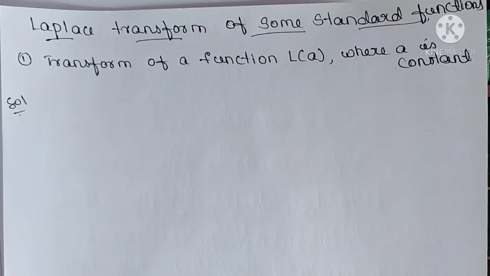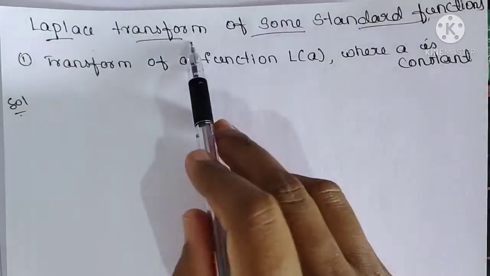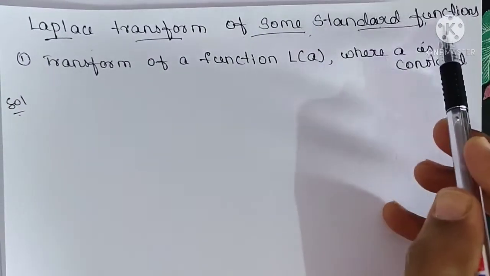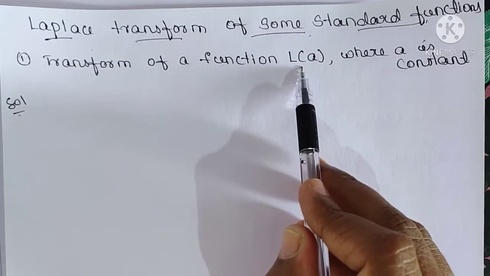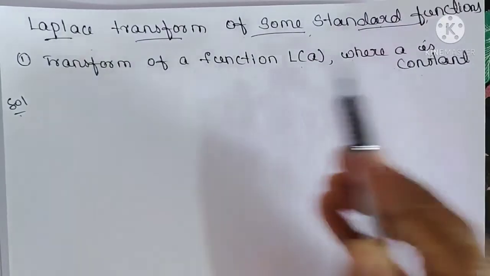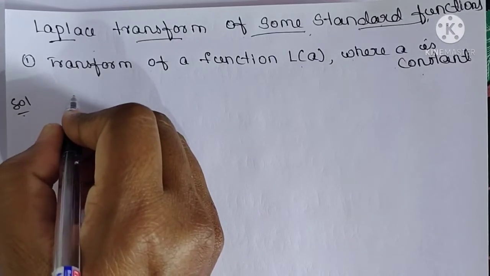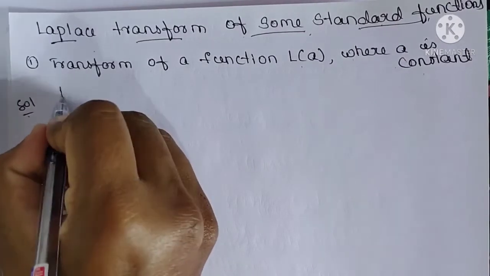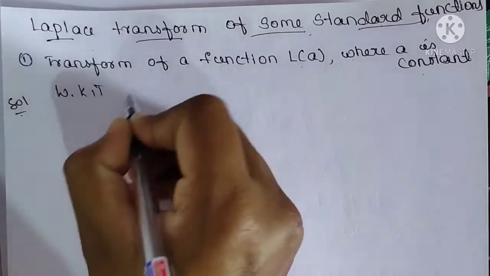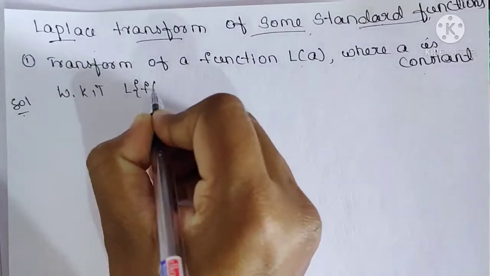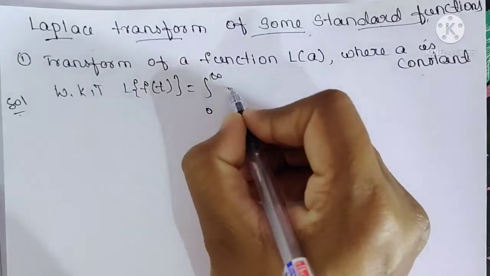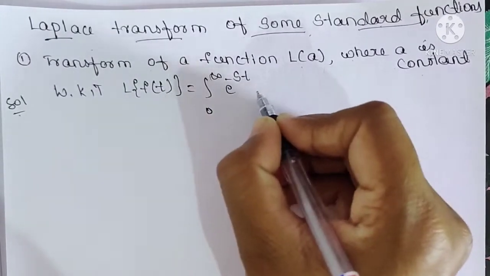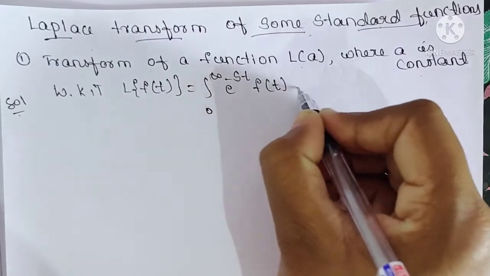Next, Laplace transform of some elementary functions, Laplace transform of some standard functions. First one, transform of a function, L of a, where a is a constant. By the definition of Laplace transform, we know that L of f of t is equal to 0 to infinity e power minus st f of t dt.